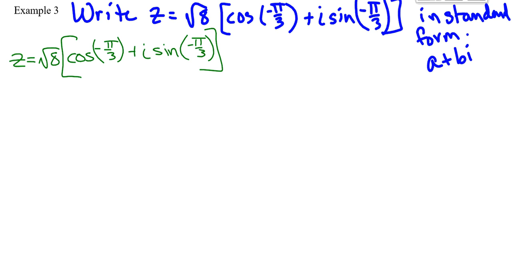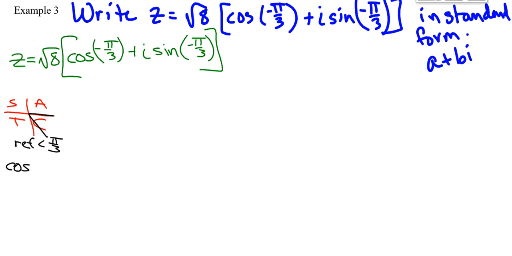So the first thing I would do is think about negative pi over 3. All students take calculus, and that's going to be down here, correct? There's my angle. And so my reference angle is just plain old pi over 3, right? And cosine will be positive, sine will be negative.